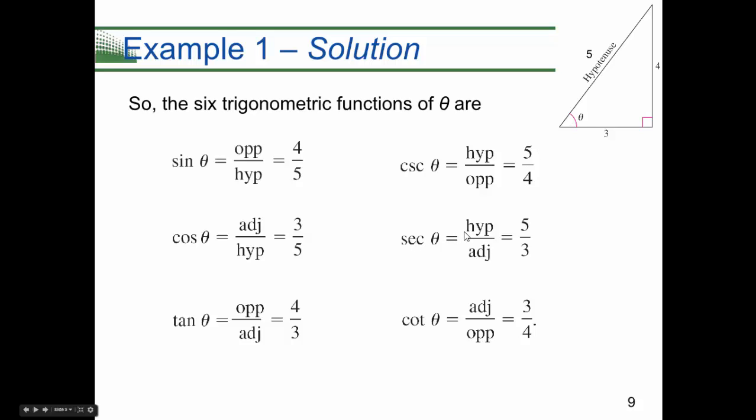Secant would be hypotenuse over adjacent, or 5 over 3, or you can take the cosine ratio of 3 over 5 and flip it to be 5 over 3. Cotangent is adjacent over opposite, so 3 over 4. You can use the right triangle, or you can go to the tangent and get 4 over 3 and flip it.